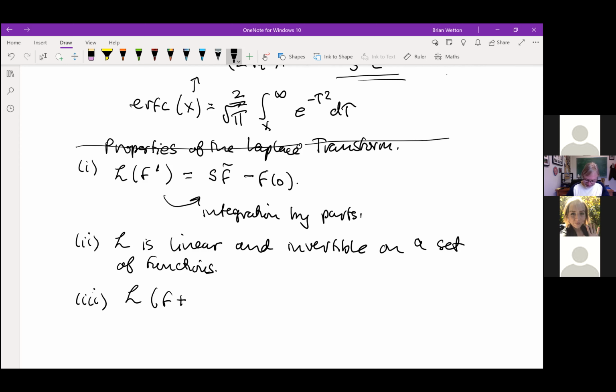If I take the Laplace transform of a convolution, I get a product. One too many brackets. There's a typo in the notes here. I forgot to put the tildes on top of those functions. Right, and then of course you can read this backwards.